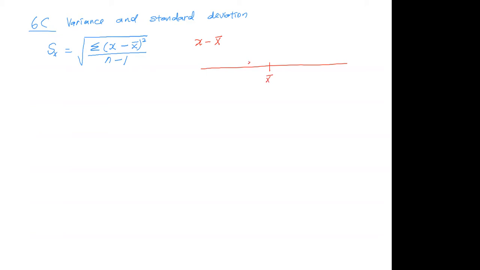Some data will be here, some data will be here, more than the mean. So the value for this side will be less than 0, and for this side it will be greater than 0. If I just add this up, I will get 0, because some is negative, some is positive. That is the reason why you want to square it. A negative number, you square it, definitely greater than 0.